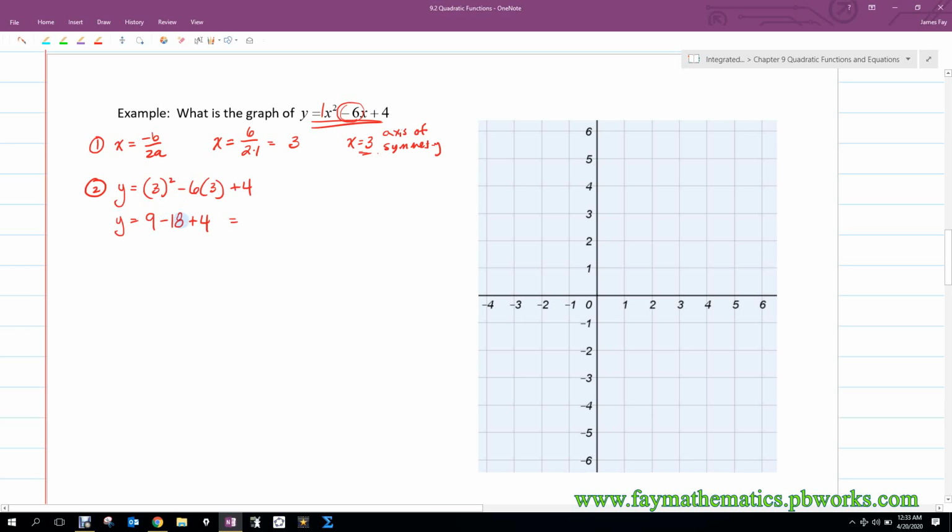So 9 minus 18 gives me -9, plus 4 gives me -5. So what that tells me is that the vertex has an x value of 3 and a y value of -5. So I'm going to plot that, 3, -5. Okay, so that's my vertex.